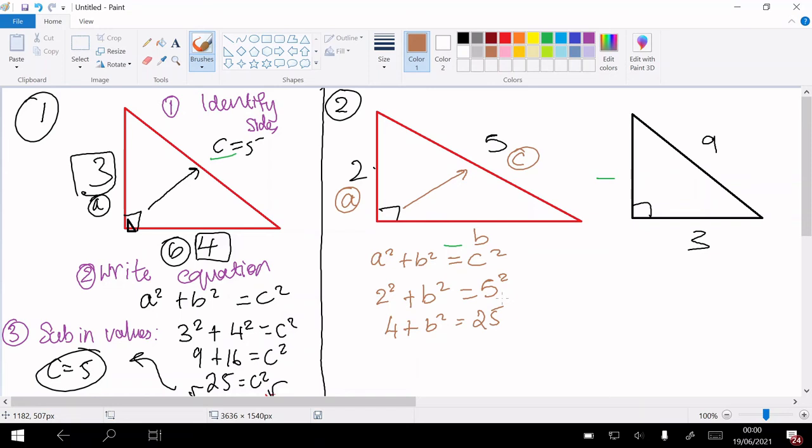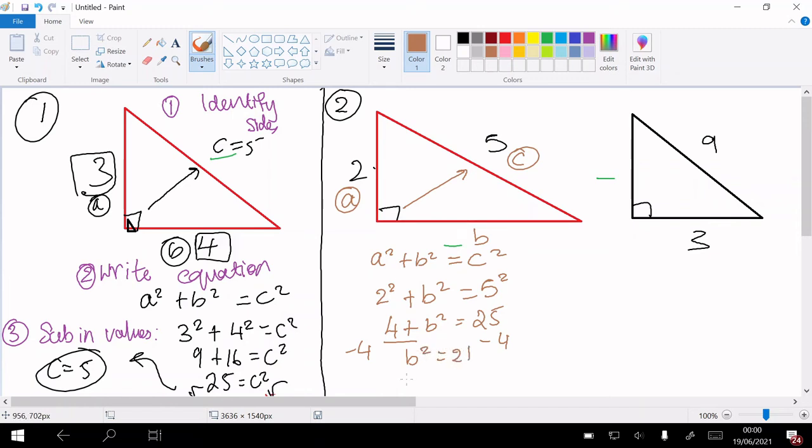Now here is where it is slightly different to what you have been going through. If you look closely, you realize you don't have everything on one side. The unknown and number is there. So to get rid of 4, you see this: 4 is adding to B squared, therefore you subtract 4 from both sides, which should give you B squared is equal to 21.